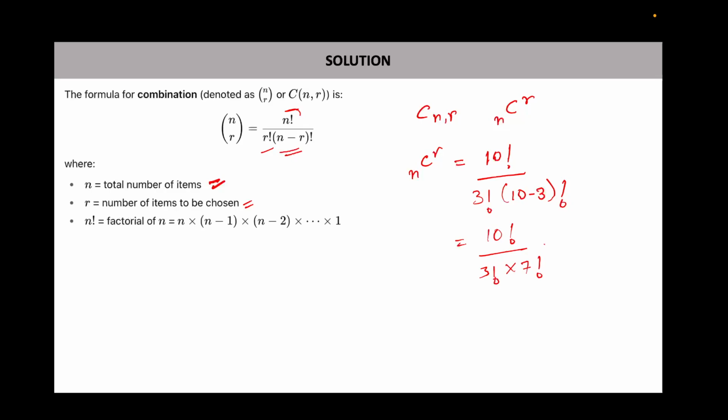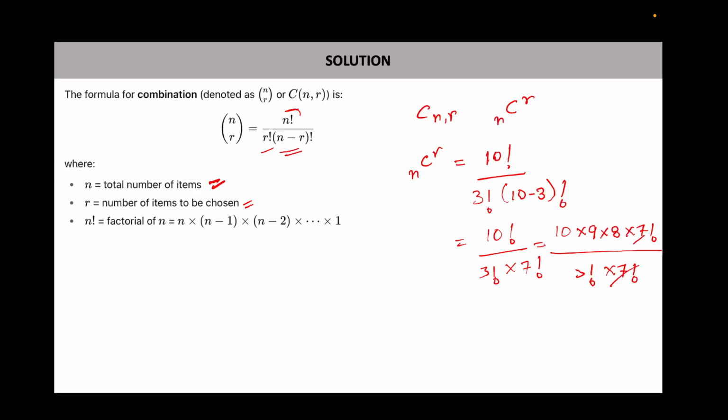If you solve this entire equation, you can simplify it. Factorial means you multiply all the numbers below it. So it will be 10 into 9 into 8 into 7 factorial divided by 3 factorial into 7 factorial.